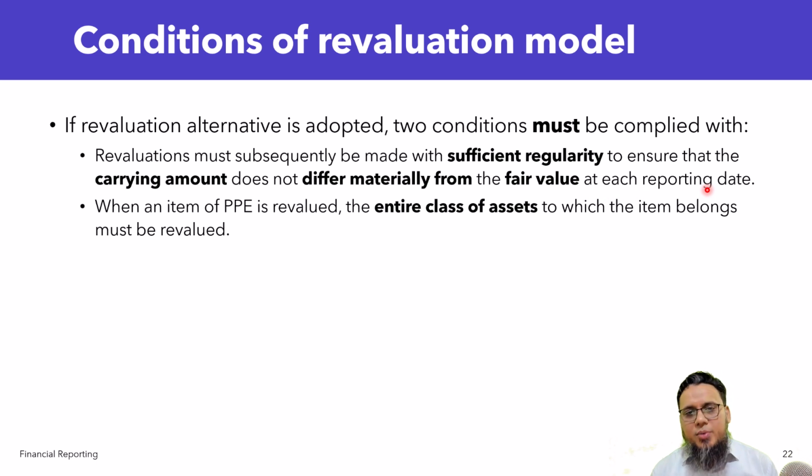Now, this could be the reason why you are choosing a revaluation model over a cost model. For example, an airline has a subsidiary. The Pakistan International Airline also has a subsidiary which owns two luxury hotels, one in Paris and one in Washington.